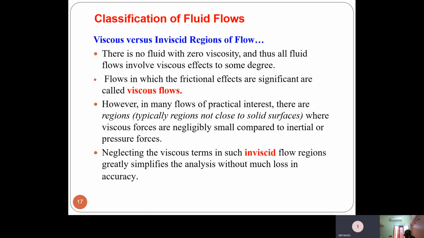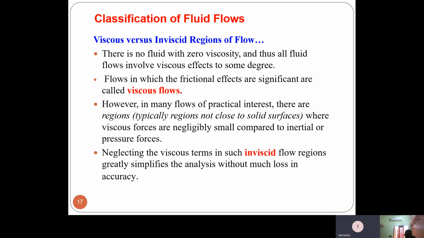Viscous versus inviscid regions of flow. There is no fluid with zero viscosity, and thus all fluid flows involve viscous effects to some degree. In the last videos, we discussed the classified types of fluid: ideal fluid, real fluid, Newtonian fluid, non-Newtonian fluid, ideal plastic fluid.